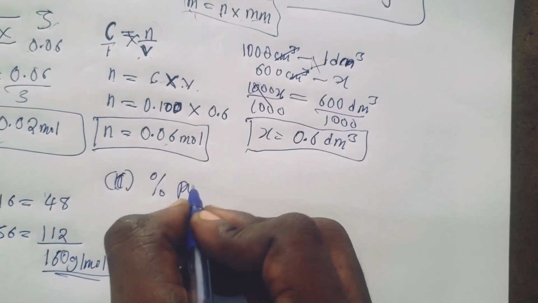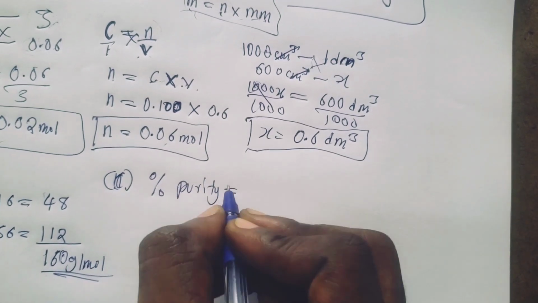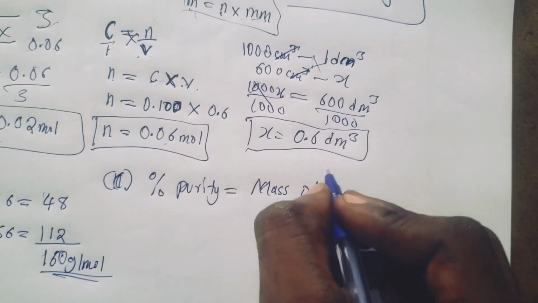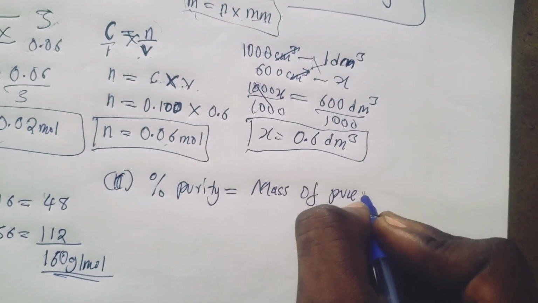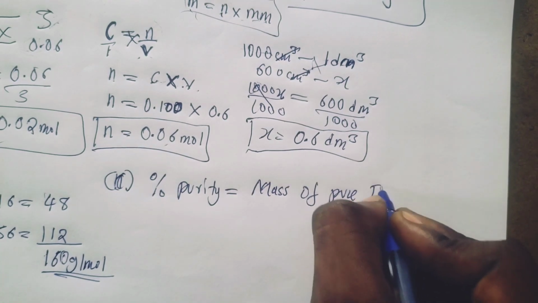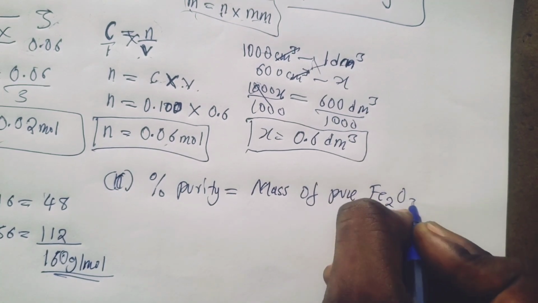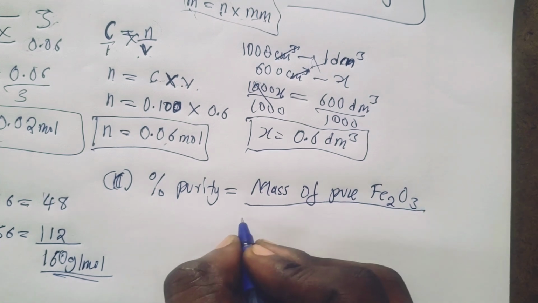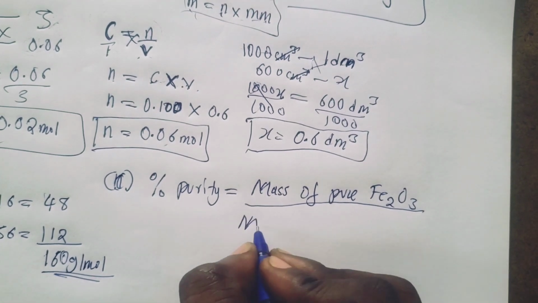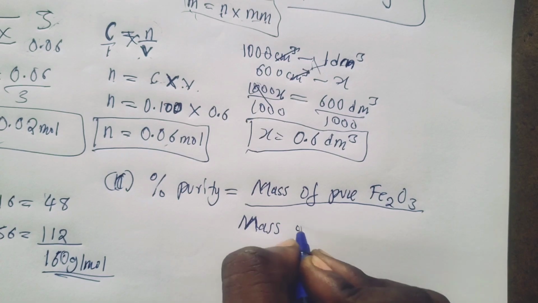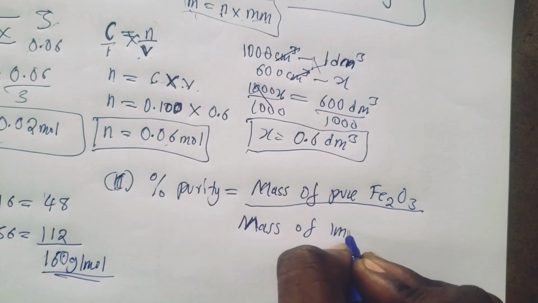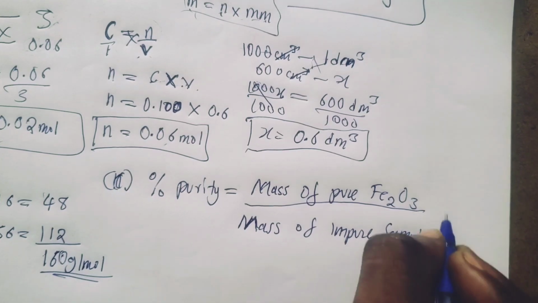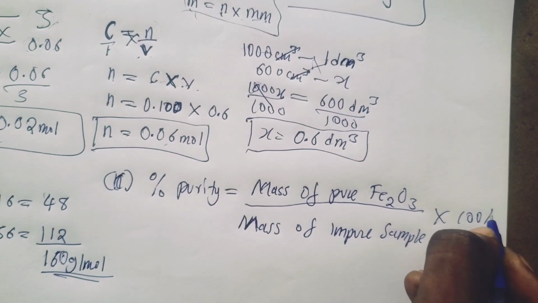Percentage purity is equal to mass of pure substance, in this case iron 3 oxide, divided by mass of impure sample, multiplied by 100%.